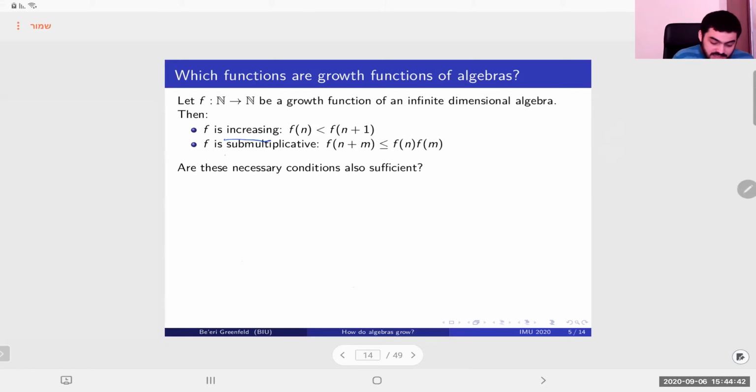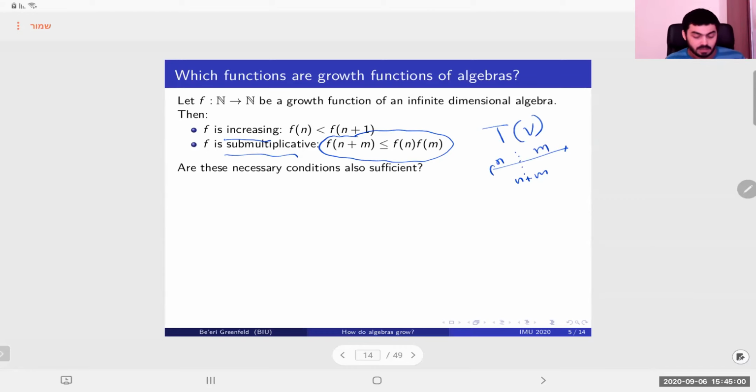And the second is being submultiplicative in the sense that is written here. This is also not hard to see. The reason is that in the tensor algebra, you can decompose any length n plus m monomial into its length n prefix and length m suffix.